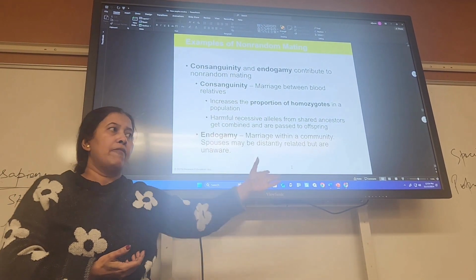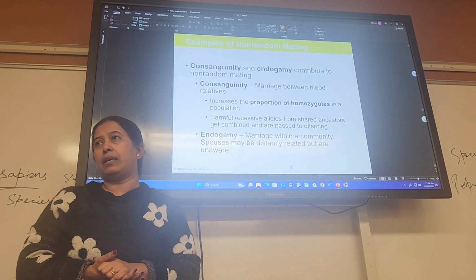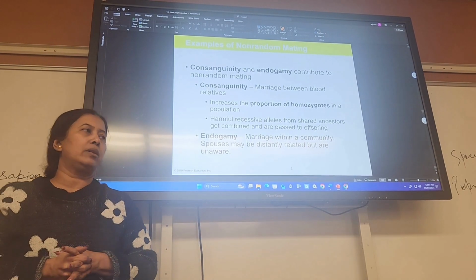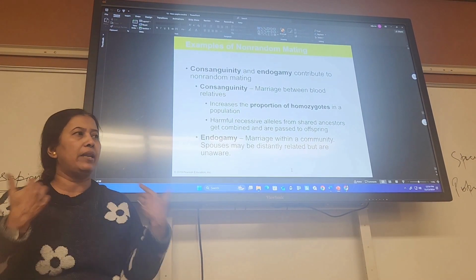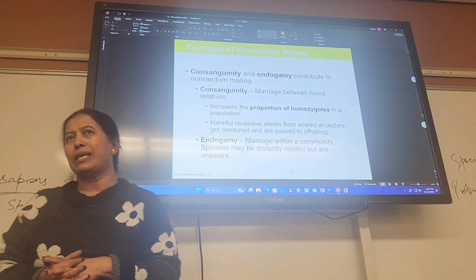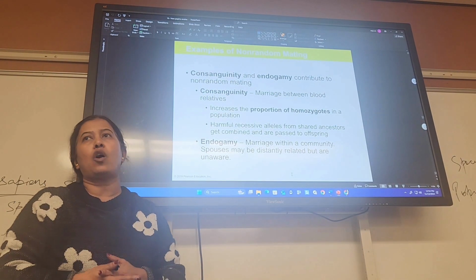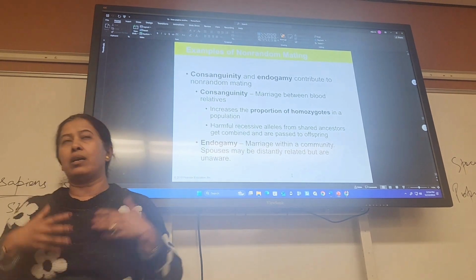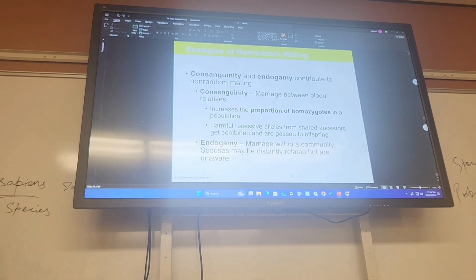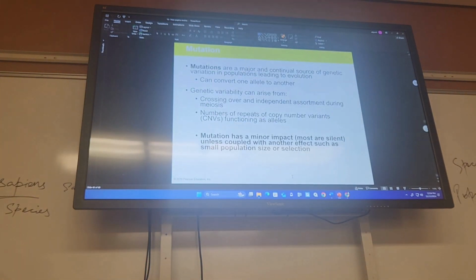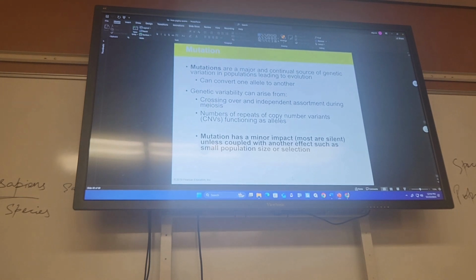So, when you do this scientifically, not from any other perspective, okay, not to be disrespectful of any culture, but scientifically, genetically, it's bad. Why? Because then you're increasing the chance of a recessive genetic disorder expressing. Then mutations, okay.